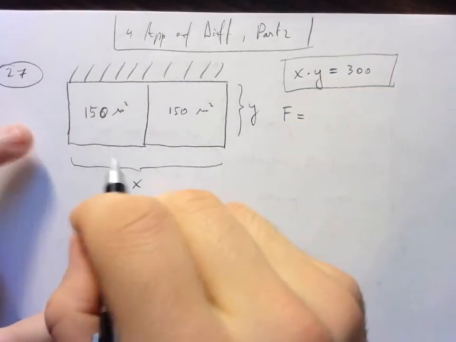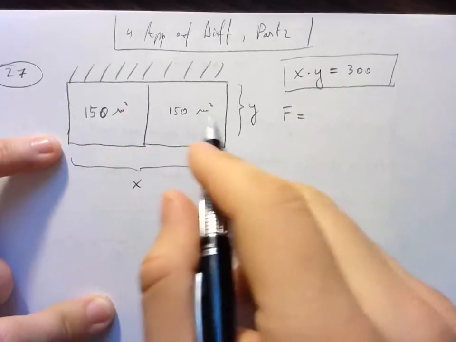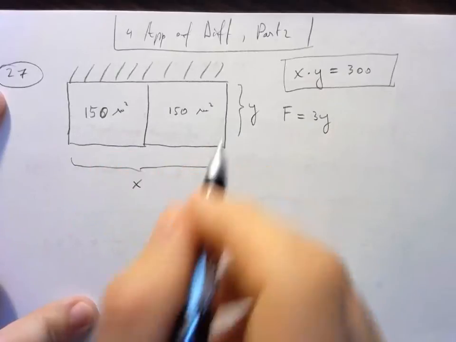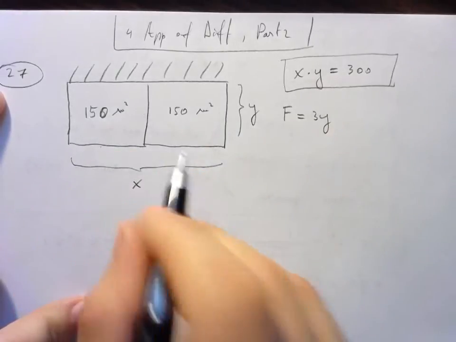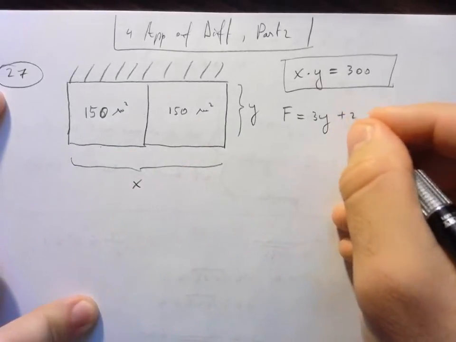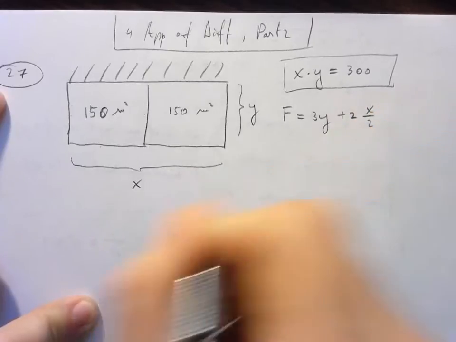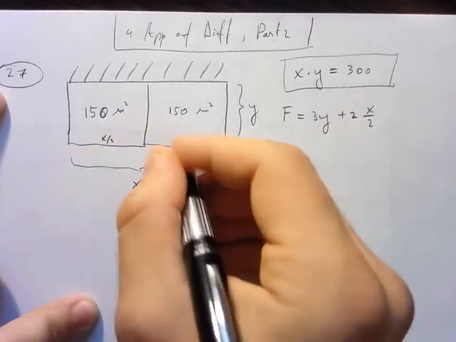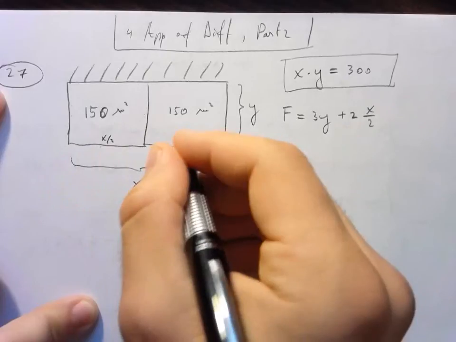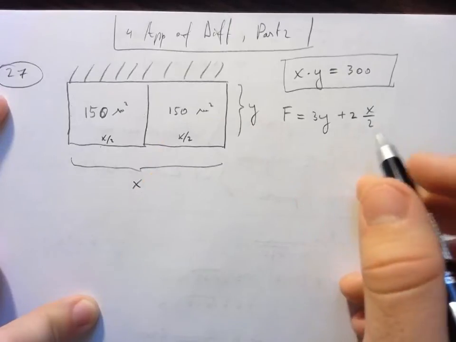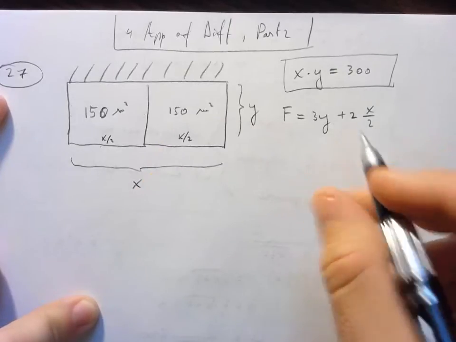That's going to be 3y, because we have 3 sides of this length, and we have 2 times x over 2, because this would be x over 2. This is an equation of 2 variables. I want to turn it into an equation of a single variable so that I can solve using calculus.